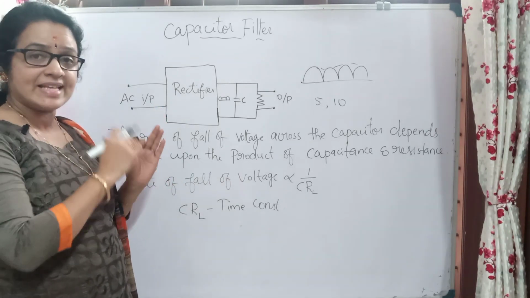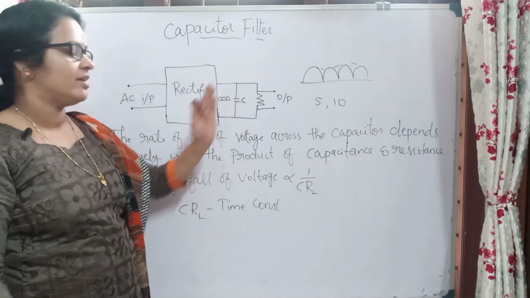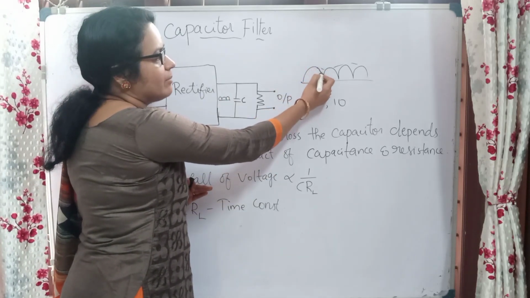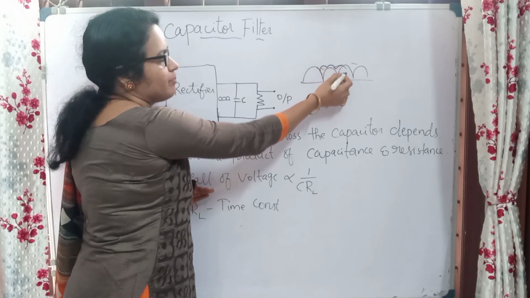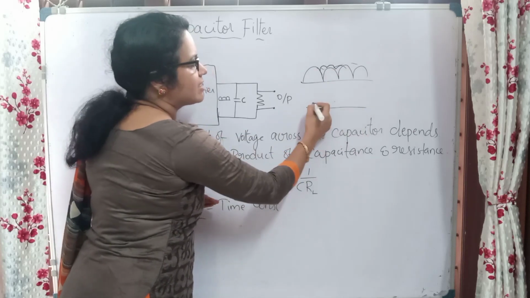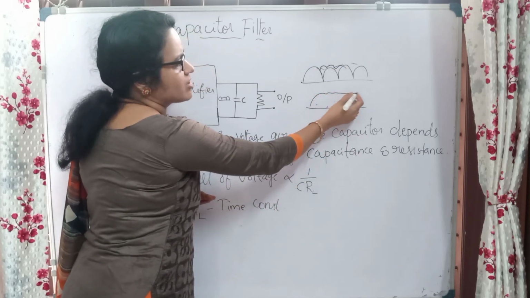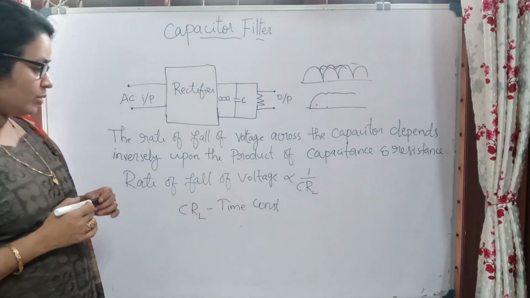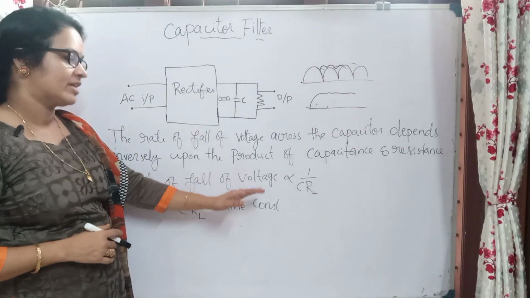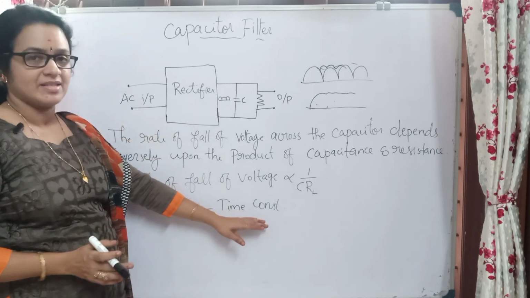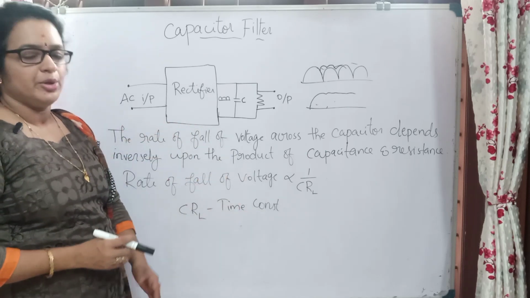That means the next input might have reached the capacitor, so no time lag will come. Instead of large swings, only a small fluctuation will be there in the output. Clear? So in order to get the rate of fall of voltage very small, we have to use a high capacitor value here.